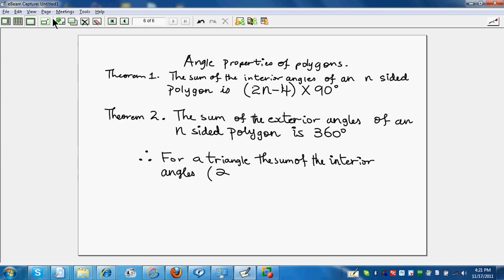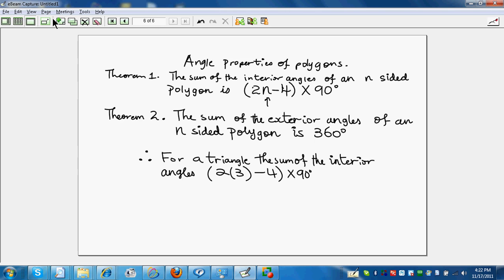For an n-sided polygon, n means the number of sides. So the n in the equation, for a triangle, would be 3 for 3 sides.